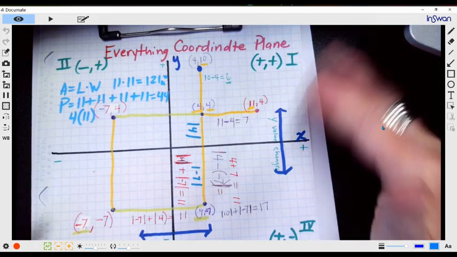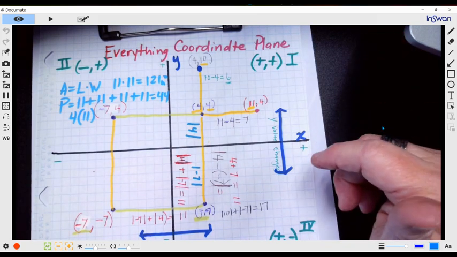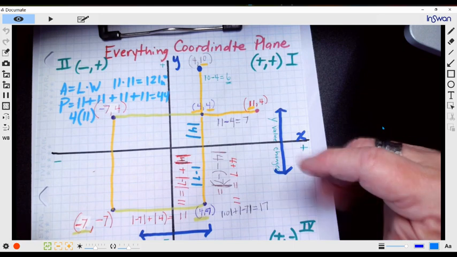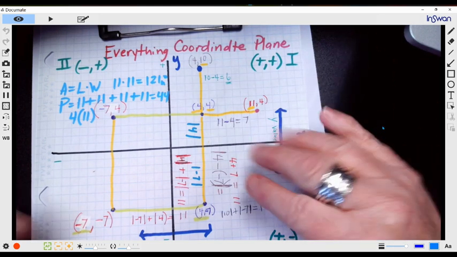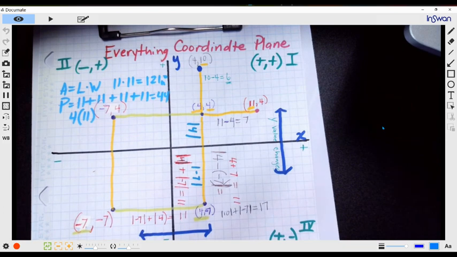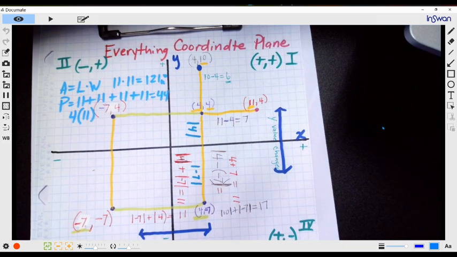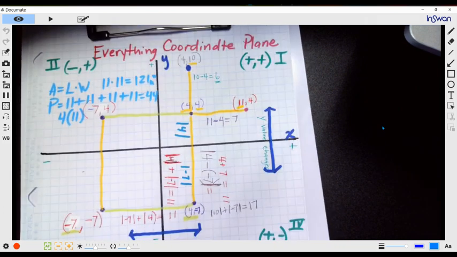And this is using everything that we've used with positive and negative numbers, all the rational numbers, fractions, decimals, regardless, no matter what, you could graph that on a basic coordinate plane. And I hope this helps.